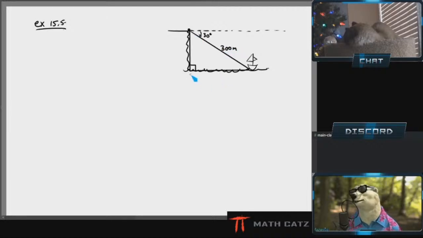You see a boat 300 meters away. So that's 300 meters. How close is the boat from the cliff? So that's what I want to know. Okay, so now that I've set it up, just like any word problem, I need to make sure that I can understand what is happening here.